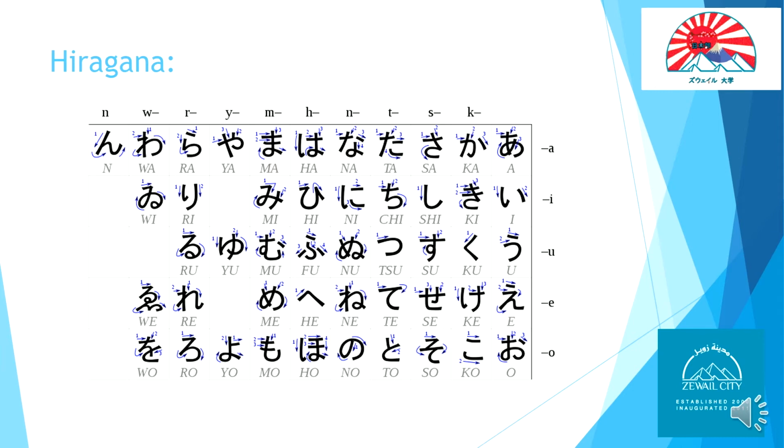For example, here for the A, you can see it's written like that, and later in each alphabet I'm going to show it to you on the blackboard live, so you can train on them and have an idea how they're written.